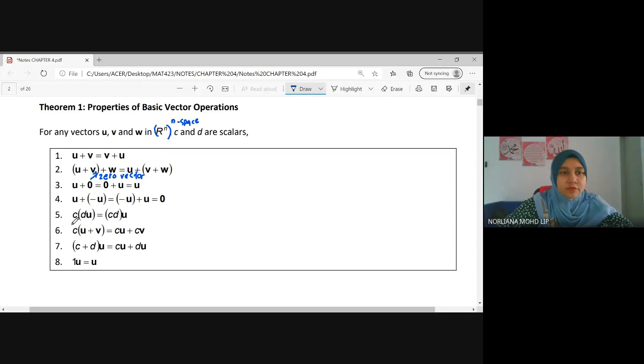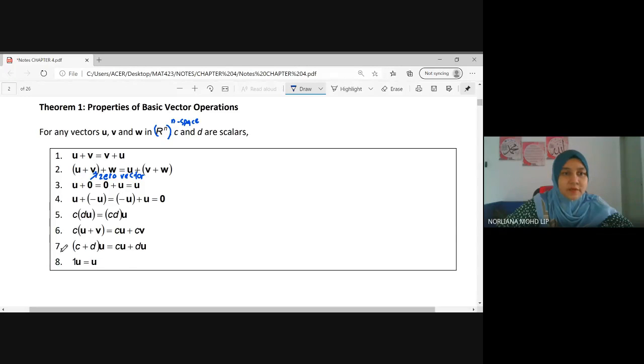And number 5, c and d are scalars. c times (d times u) equals the multiplication of the scalars c d times vector u. You can multiply these two scalars. Number 6, c times (u plus v) equals cu plus cv.